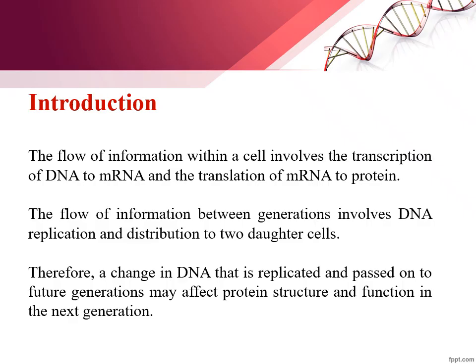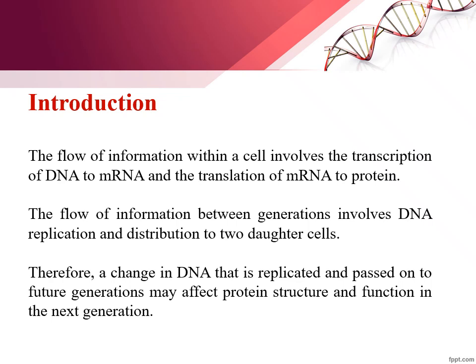Introduction. The flow of information within a cell involves the transcription of DNA to messenger RNA and the translation of messenger RNA to protein. The flow of information between generations involves DNA replication and distribution to two daughter cells.